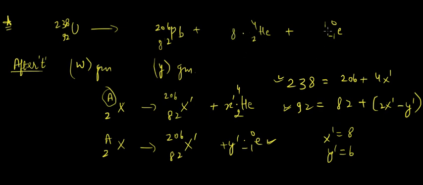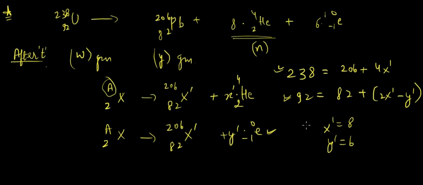So uranium 238 disintegrates into lead 206 and 8 moles of helium 4 and 6 moles of beta particles. So now at this point of time we know that W grams of U238 is present, and let's suppose we actually get N moles of helium after time t.